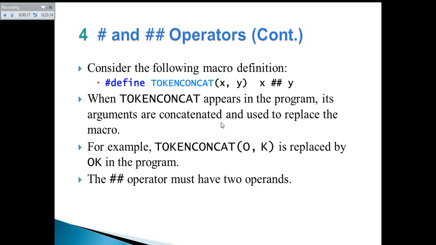So the two arguments x and y will be concatenated. For example, TOKENCONCAT(O, K) is replaced by OK in the program. So if you pass two arguments O, K to the TOKENCONCAT macro that is defined, it is replaced with OK in the program.